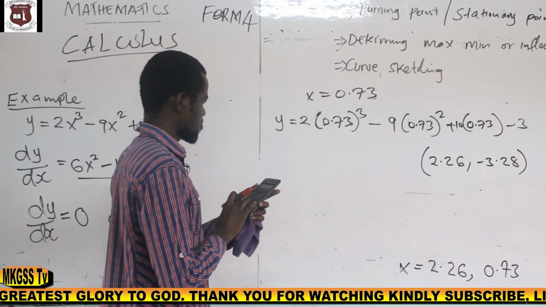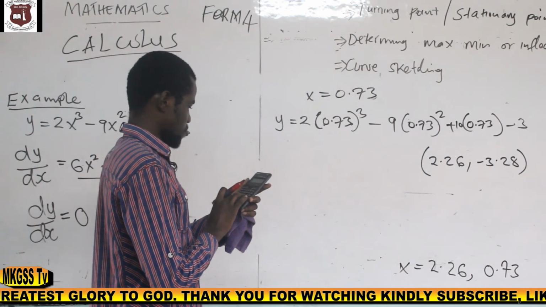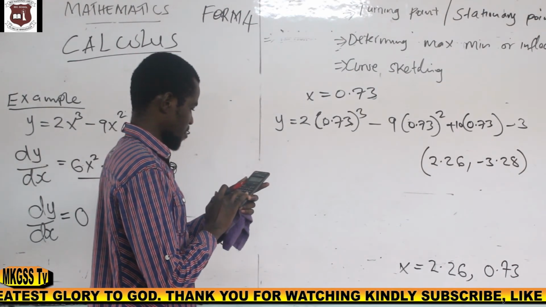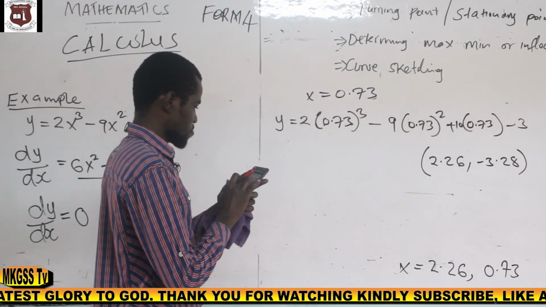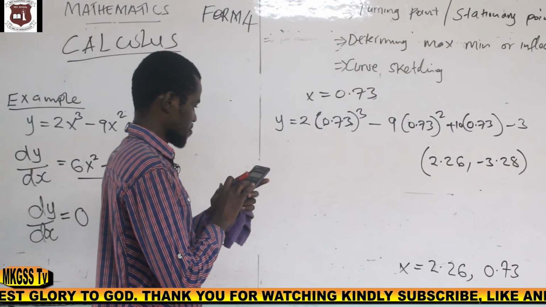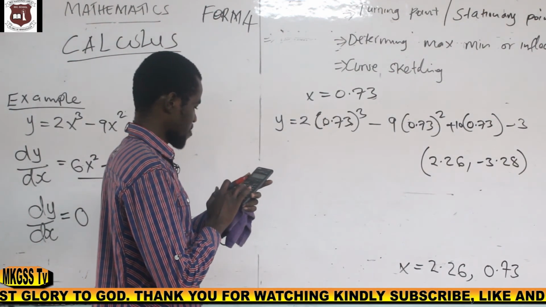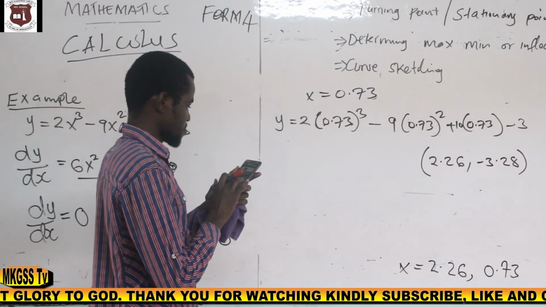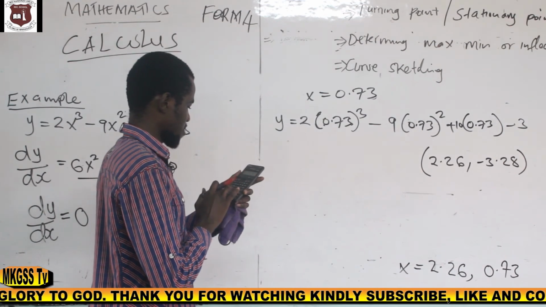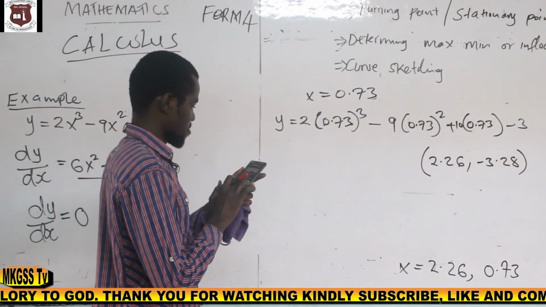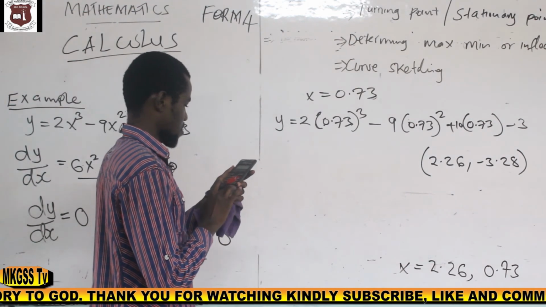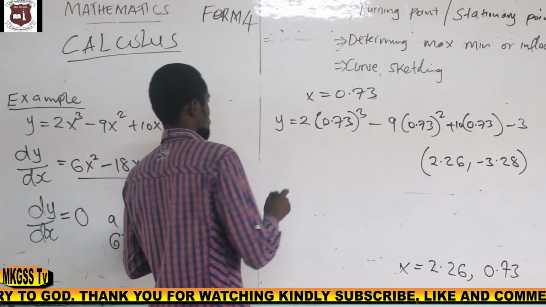We have 2 into bracket 0.73 cube minus 9 into bracket 0.73 raised to 2 plus 10 into bracket 0.73 minus 3. What do you get?